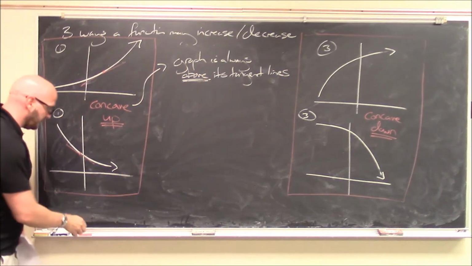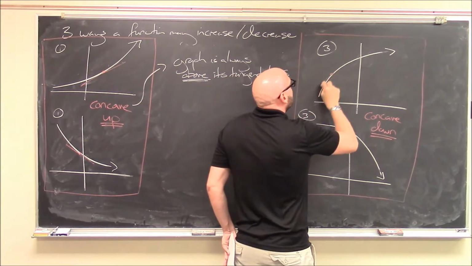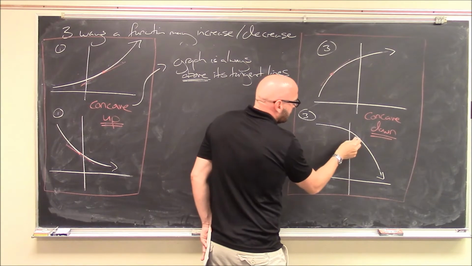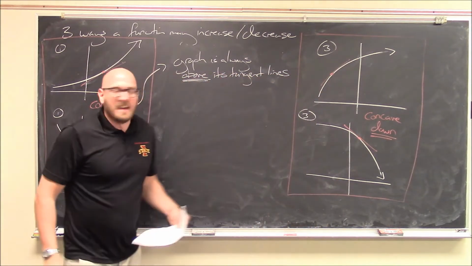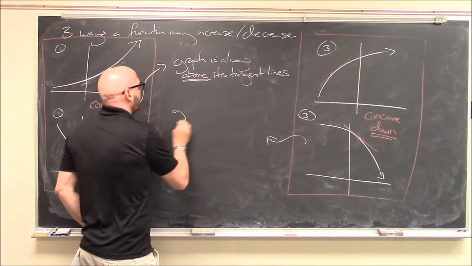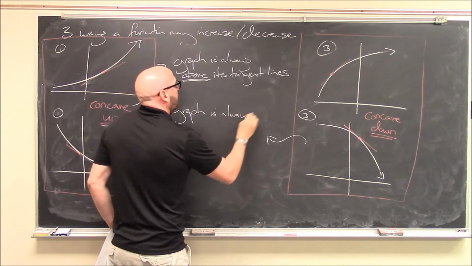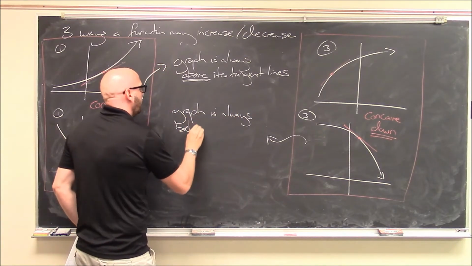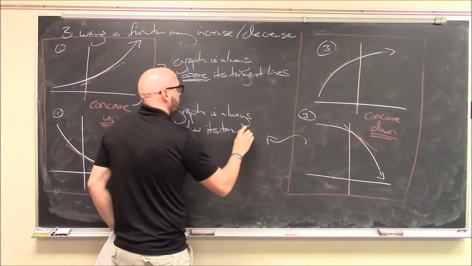And over there, the concave down ones, it's the opposite phenomenon is happening, right? If you come in and you put down a tangent line anywhere, no matter where you try to put down a tangent line, the graph is always below its tangent lines. Right, so over here, the graph is always below its tangent lines.